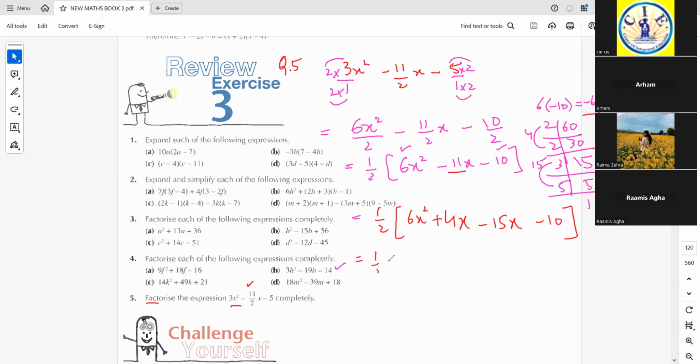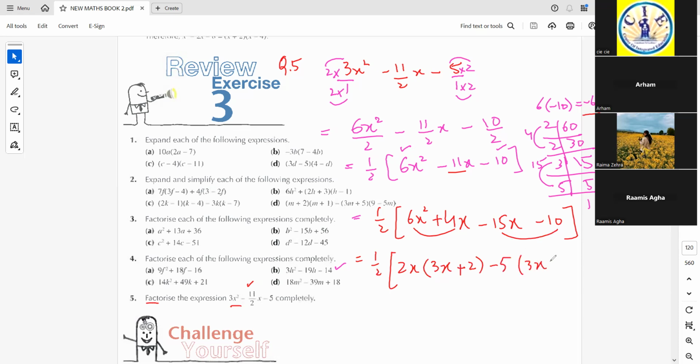Okay, then 1 by 2, the pairing of the first two terms, which is 2x taken common, and then you are left with 3x plus 2. And from these two terms, 5 can be taken common.